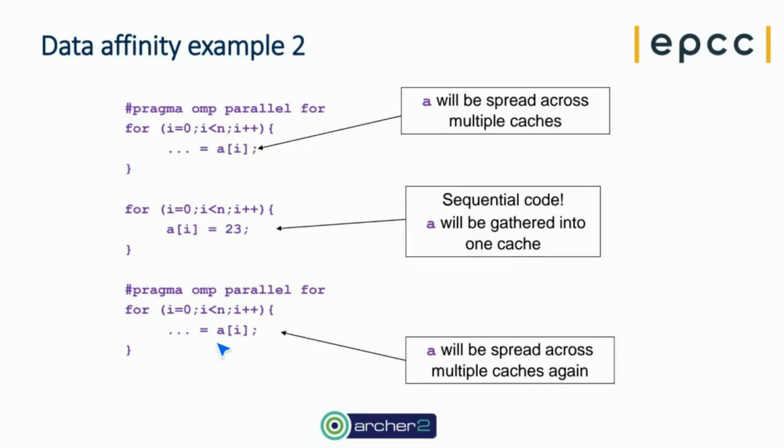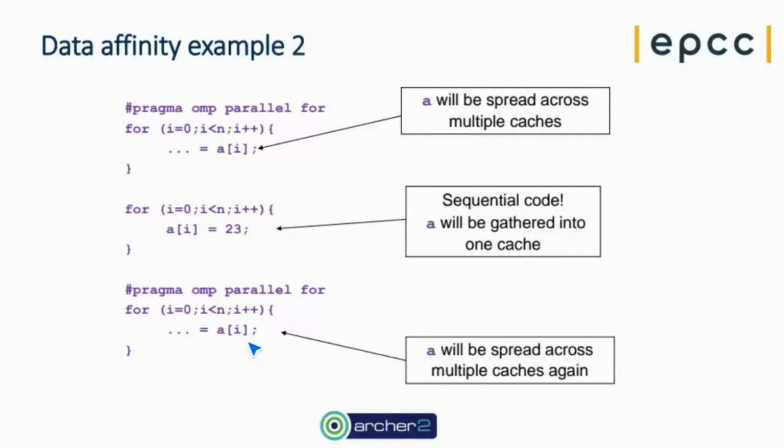And then when we come to execute the parallel loop again, the elements of A are in the wrong place in terms of where they're cached. So we'll end up with more misses to resolve.